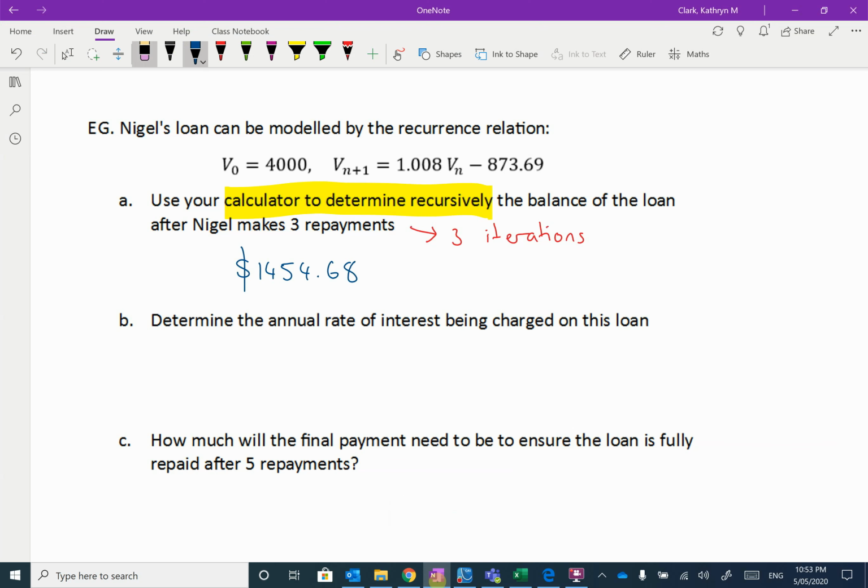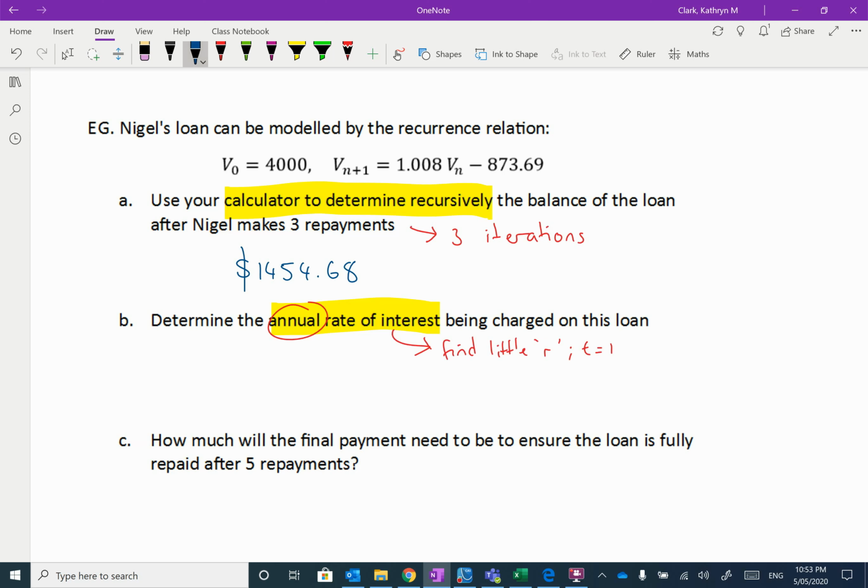All right. Determine the annual rate of interest. Not compounding, it's an annual rate. So this is asking us to find little r. And if it's an annual rate of interest, then that means that t must equal 1 because it's annual.